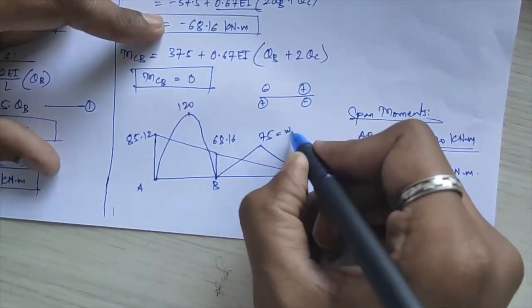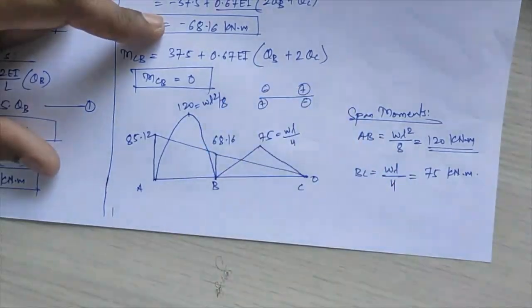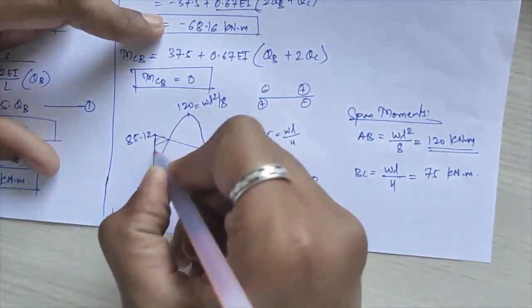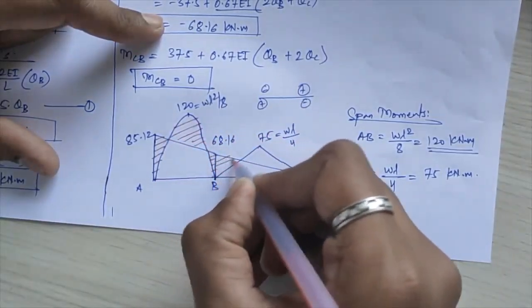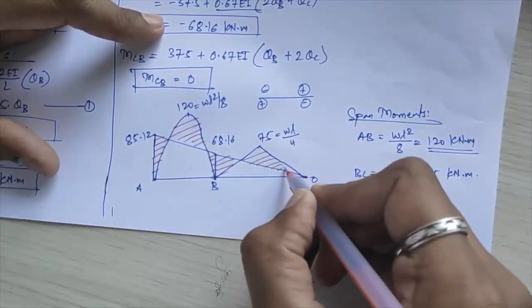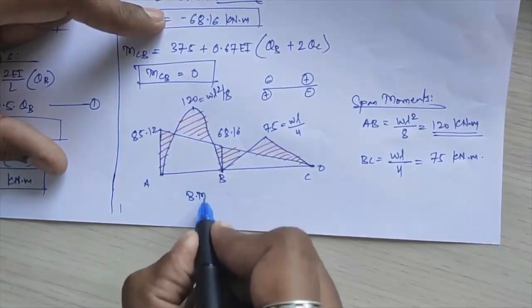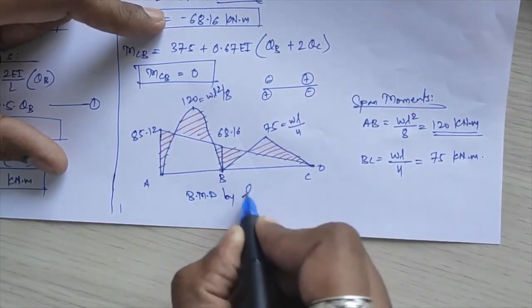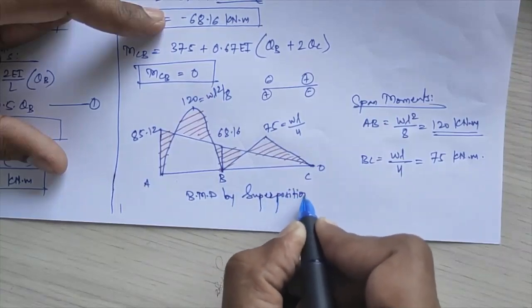So this is 75, that is WL by 4, and this is 120, that is WL square by 8. Just what you have to do is shade the superimposed part here, and that will give you the BMD by superposition.